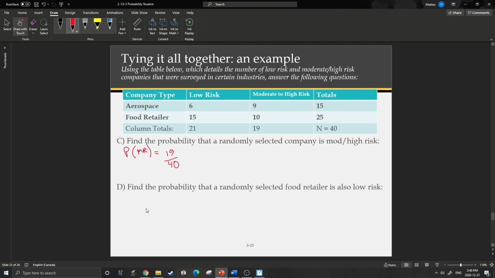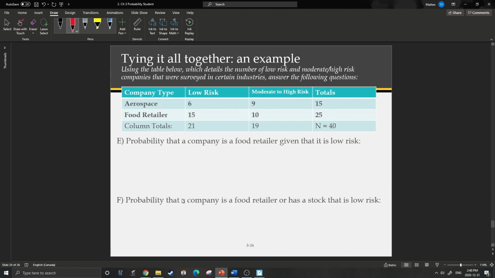Well, let's see. So the probability that a food retailer is low risk. Well, how many food retailers are there? There's 15 food retailers, and we have 40 companies. So there you have it. Again, you can leave your answer like that.